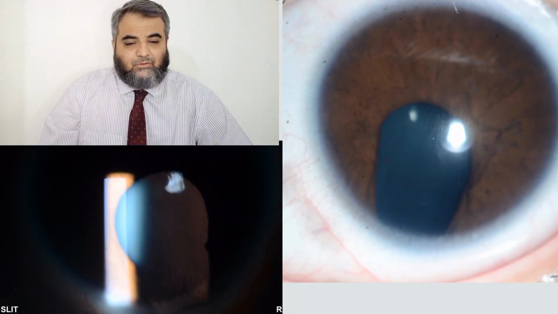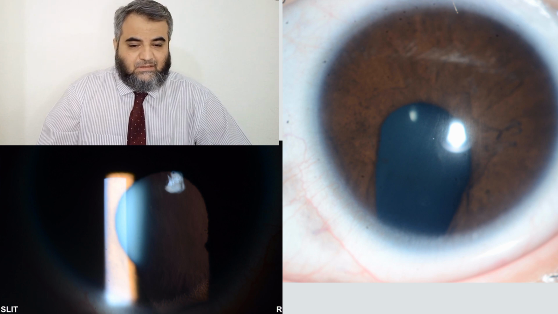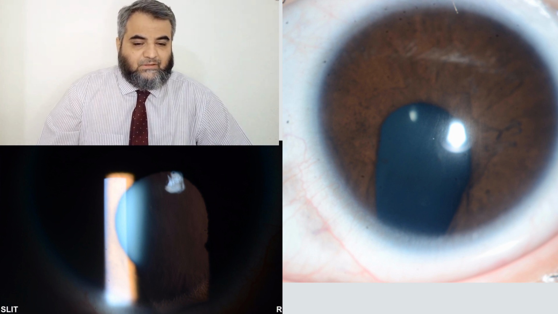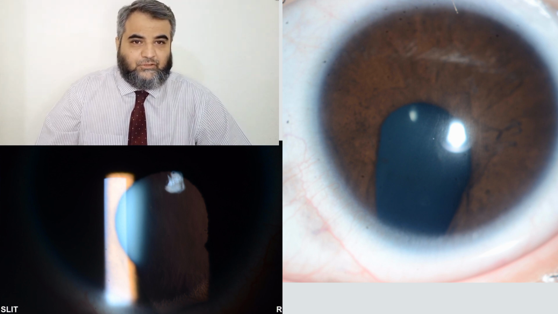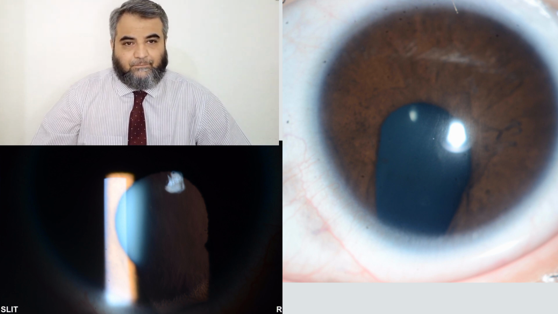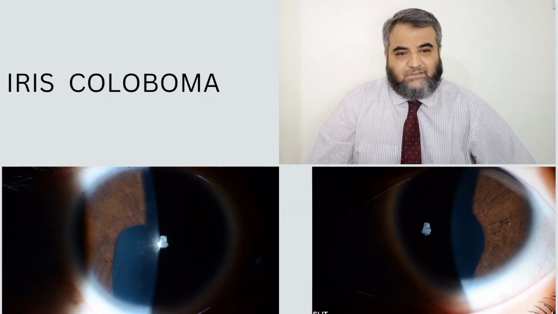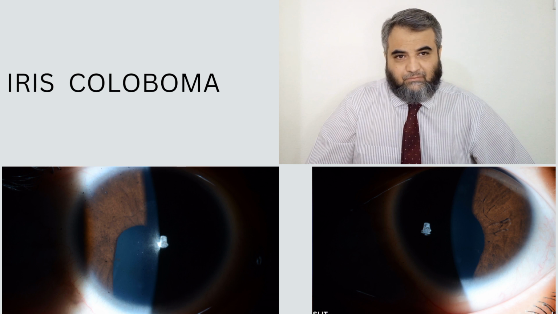Even in the retroillumination, it is shown that inferiorly the iris is missing, and in the other slide it is shown, though not very well. In the further slides, we will see how retroillumination shows us the presence of inferior iris colobomas. Some other photographs taken from one side show that the anterior chamber is well formed.